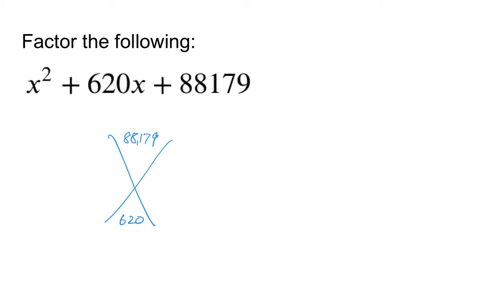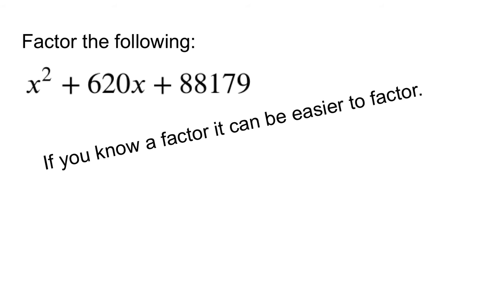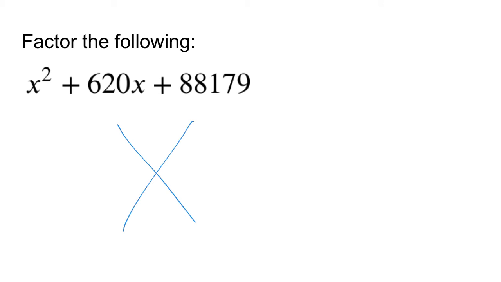Folks, this is a hard problem. This is a really hard problem. But you know what? If you know one of your factors, it can be a ton easier. Like, for example, if I go back to this problem, and again, I'm looking for 88,179, the product, and the sum being 620. If I all of a sudden turn around and tell you, hey, one of those numbers is 399, then really quickly, you can just do some math.